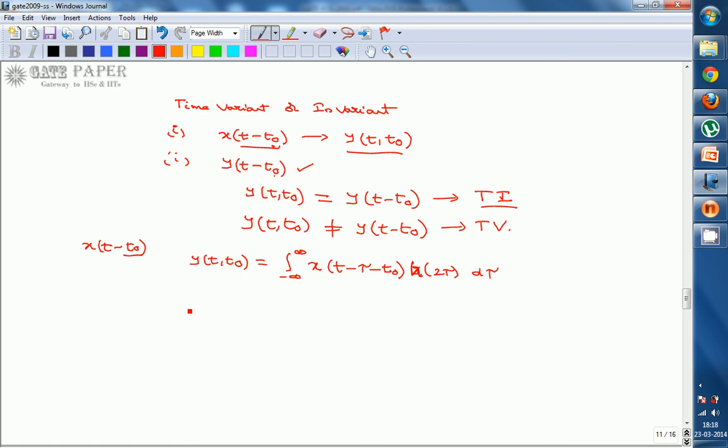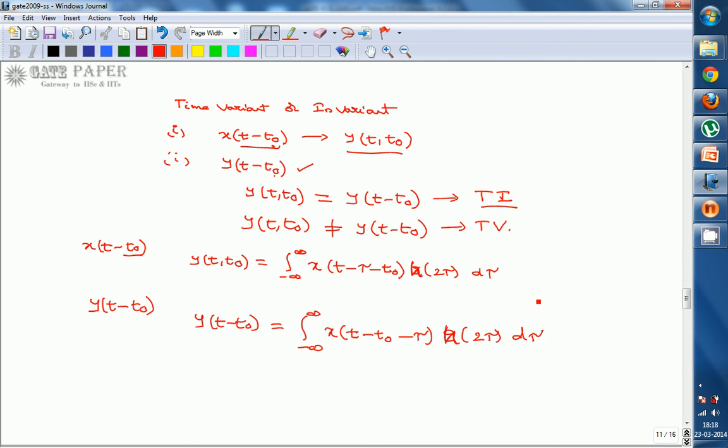Now we introduce the same amount of shift in the output, that is y of t minus t naught. Finding y of t minus t naught is obtained by just replacing t with t minus t naught in the given system. So that is x of t minus t naught minus tau, and h of 2 tau d tau.